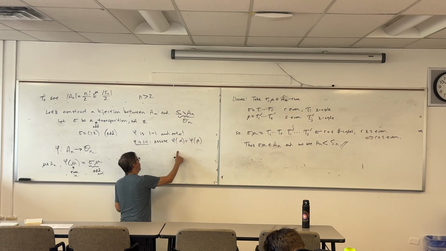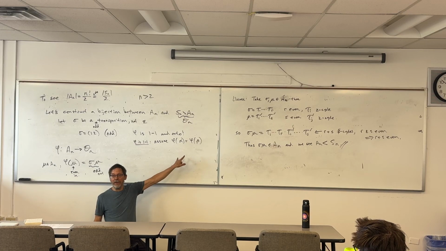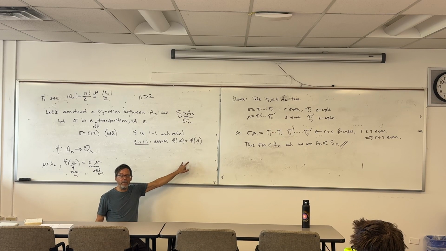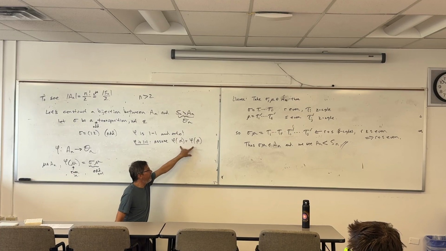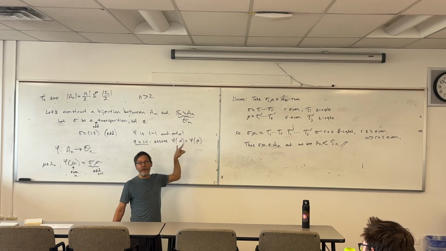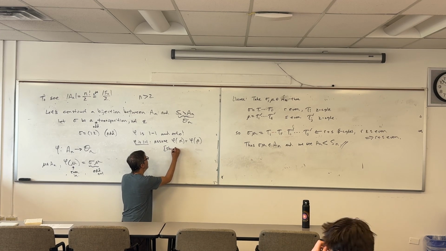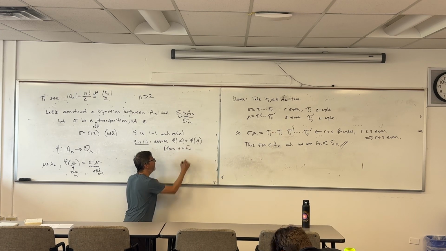What do I need to show from this assumption? I want to show that these have to be the same input, that the only way you can get the same output is with the same input. So I'm going to show that alpha has to equal beta.